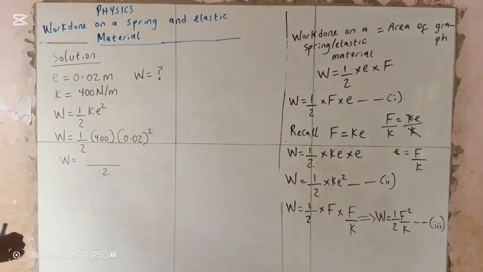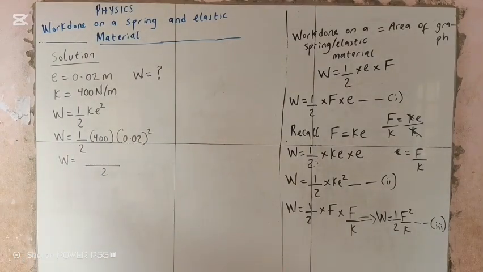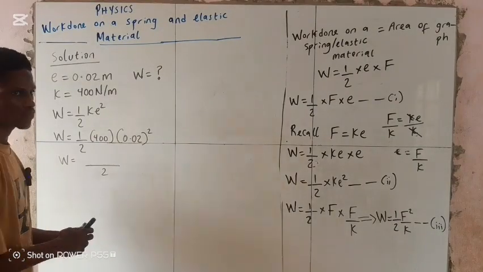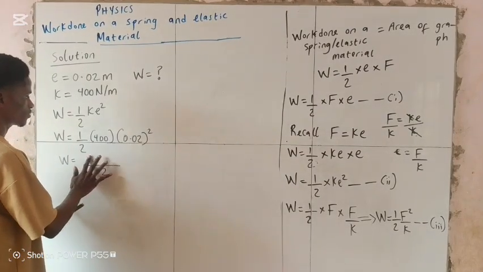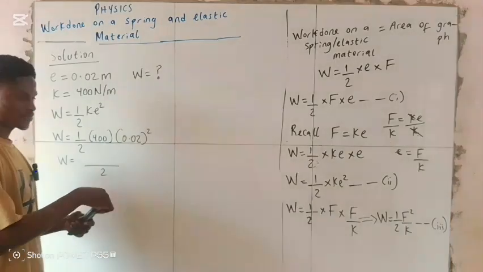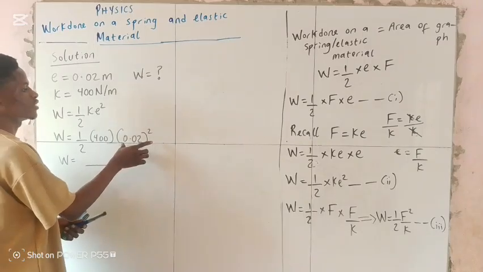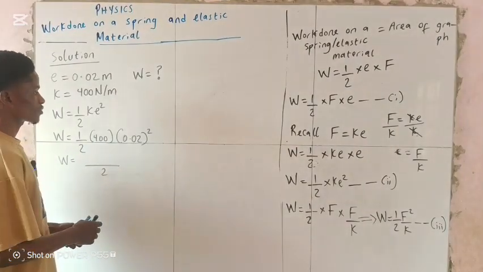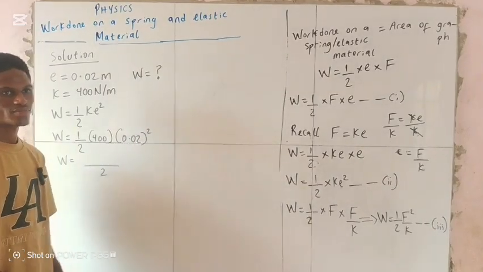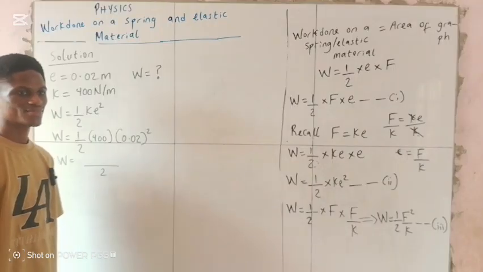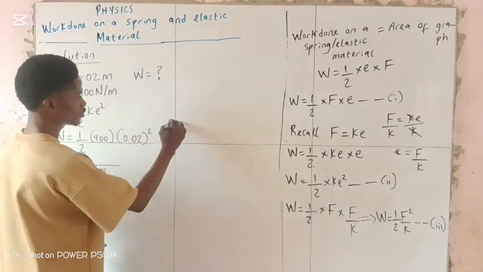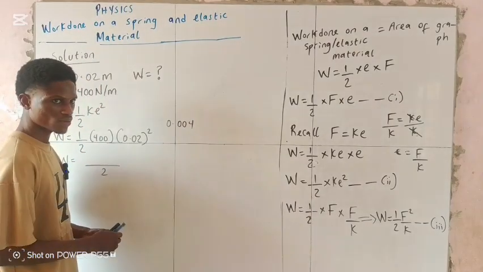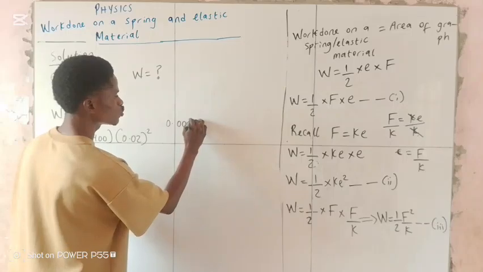We have 400 multiplied by 0.02 squared. 0.02 squared, what do we have? 0.0004.